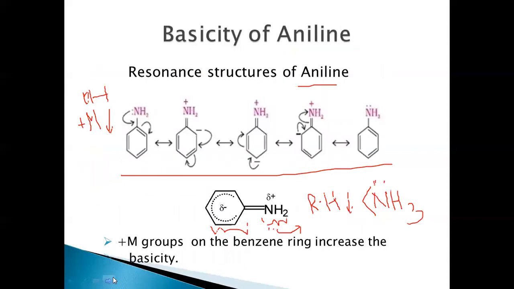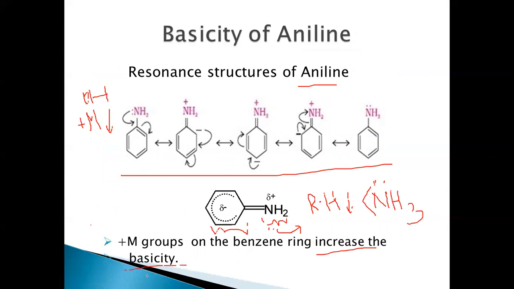Yes. And how will this mesomeric effect affect the basicity of anilines here? Let's see it. The presence of plus M or plus I groups on this benzene ring, or on this aniline, will increase the basicity.